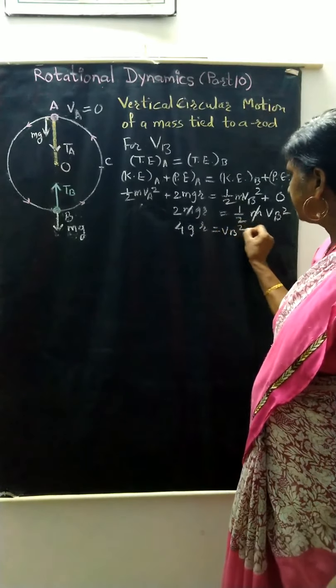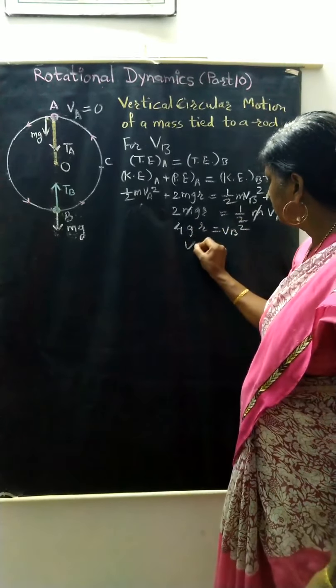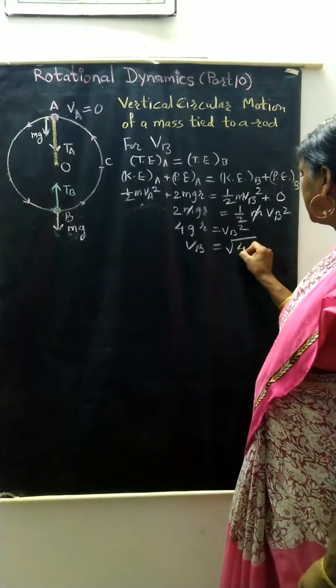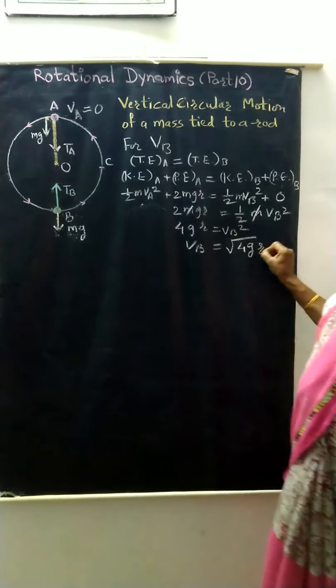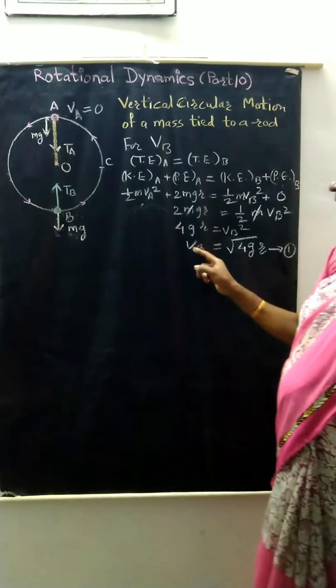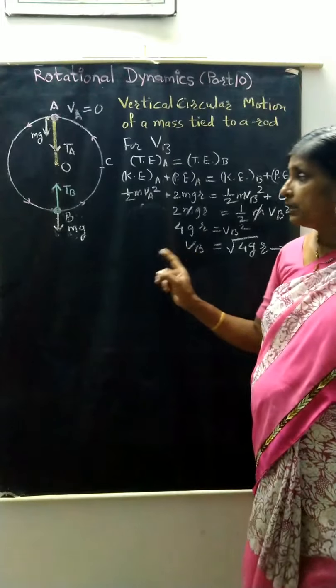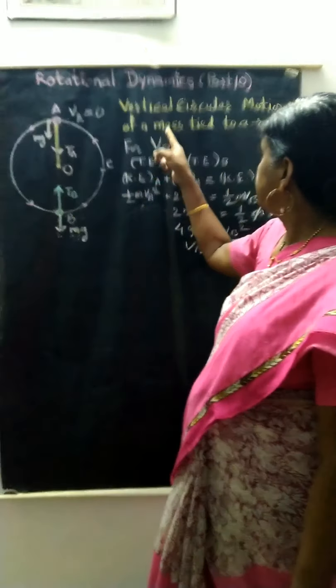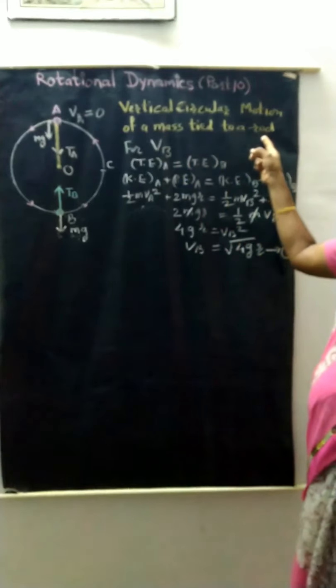So Vb is equal to under root of 4gr. This is the important equation. Vb gives us the minimum speed required in the case of mass tied to a rod.